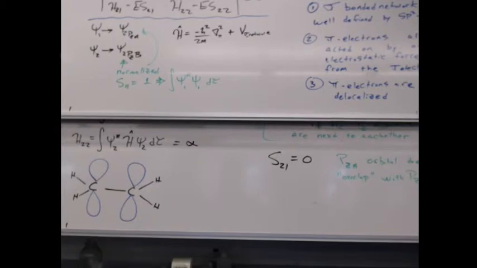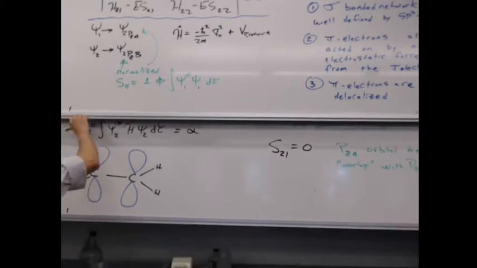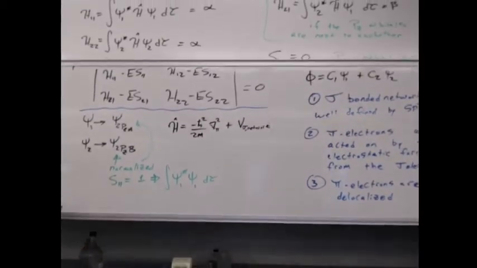If you go in 11th ed, table 9C1 actually has what the 2p pi orbital overlap integral is. So it's solvable. It's not actually 0. It depends on this internuclear distance, and it turns out it's pretty small for carbons. It's not actually 0, but this makes our secular determinant actually pretty easy.